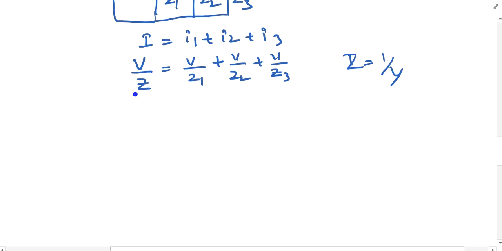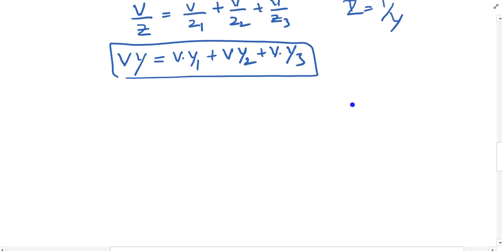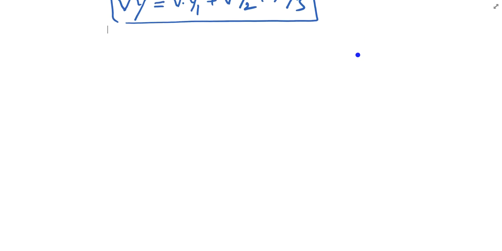So I can write V into Y is equal to V into Y1 plus V into Y2 plus V into Y3. So we are getting this kind of expression, and this expression is needed to solve the parallel circuit. That is the concept I wanted to discuss here.